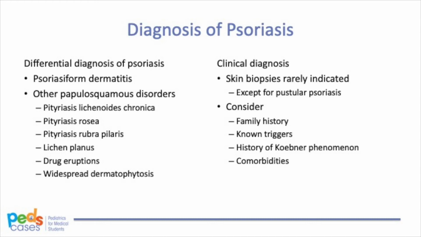Besides the morphology of the lesions, several factors will increase your clinical suspicion of psoriasis, such as family history, presence of known triggers, like the streptococcal infection in Lucy's case, history of Koebner phenomenon, and comorbid symptoms that will be discussed later. Going back to our case, given the information presented, we should be able to diagnose Lucy with plaque psoriasis.